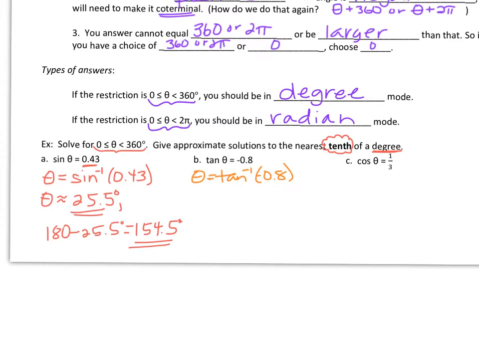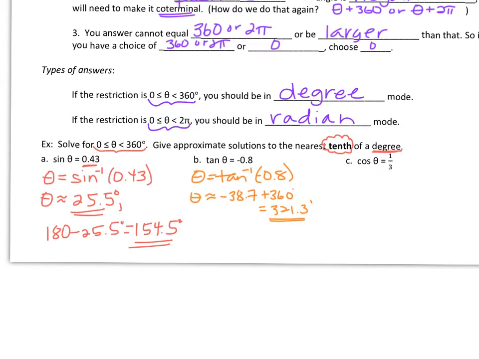When you take the inverse of -0.8, we get theta is approximately -38.7. And remember up above we said if you get a negative answer, make sure to add 360 to it and make it coterminal. So the actual positive rotation would be 321.3 degrees. And that's in quadrant 4, and tangent's negative in quadrant 4.